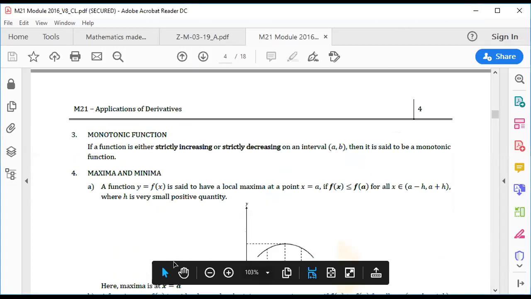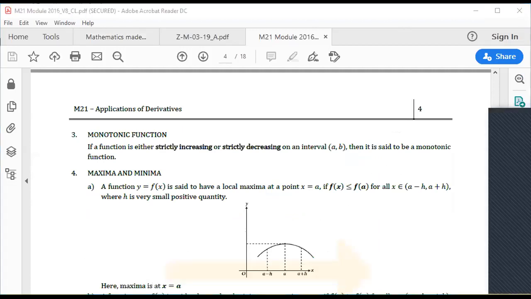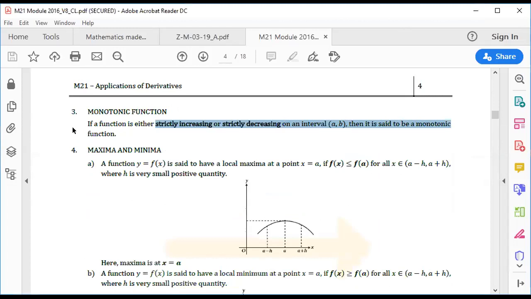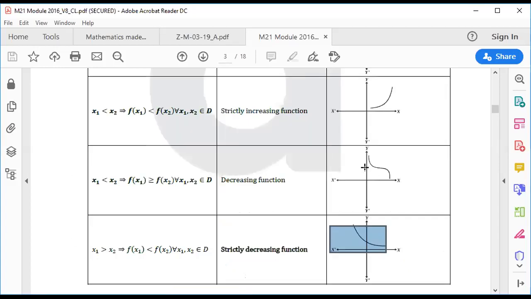Okay. Now see the definition of monotonicity or monotonic function. Which function is called a monotonic function? What is its definition? If a function is either strictly increasing or strictly decreasing in an open interval a to b, then it is called a monotonic function. It cannot have equal values in between.